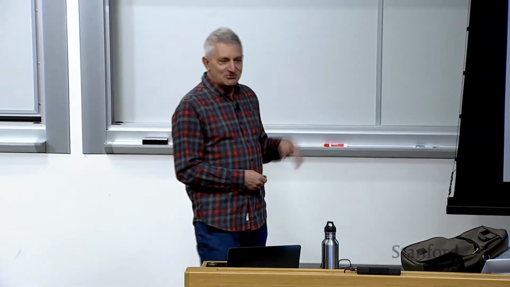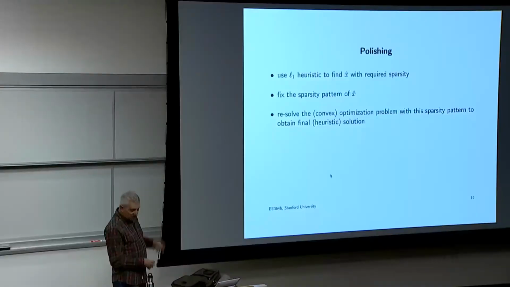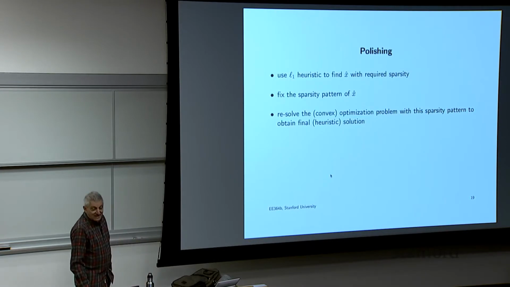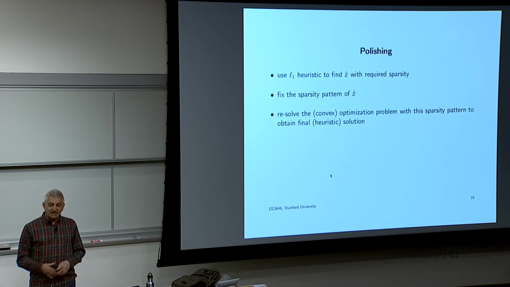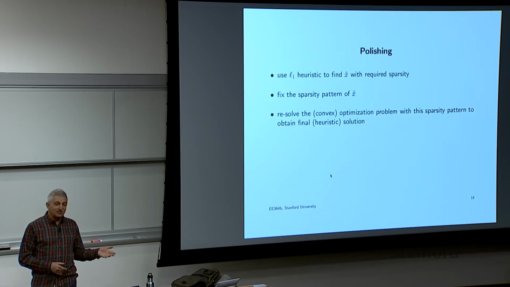So I'm not quite sure. I think it depends on the application. An example of where this is always done is when people have gene response data. So you have 20,000 gene expression features, and you're trying to predict something. So the first step is you do L1 regularized logistic regression.